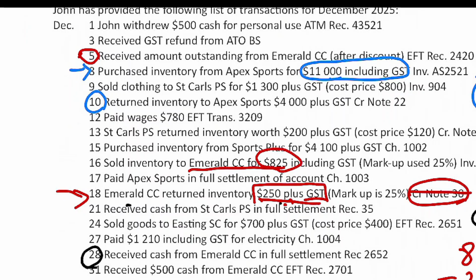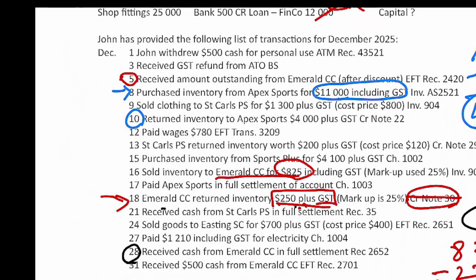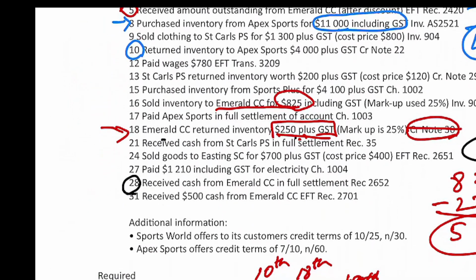Clear? Pratham, you okay? Then how much is the discount for this 550? 10%. But do you think that they are included in the discount term? I think they are.